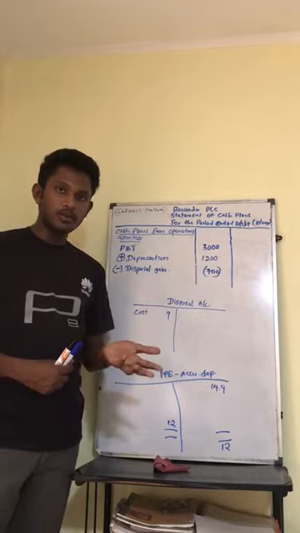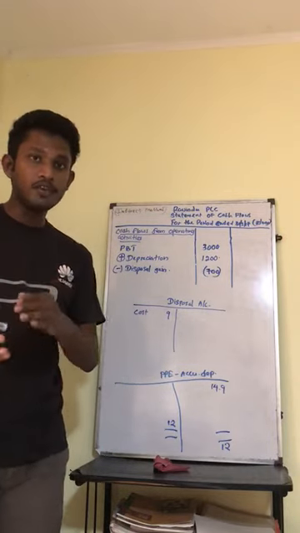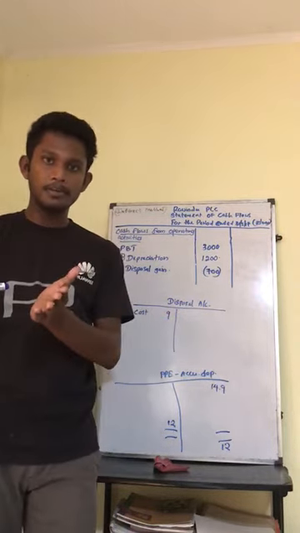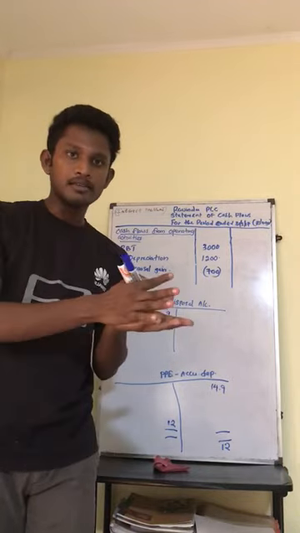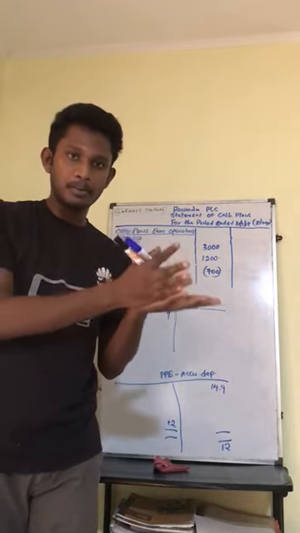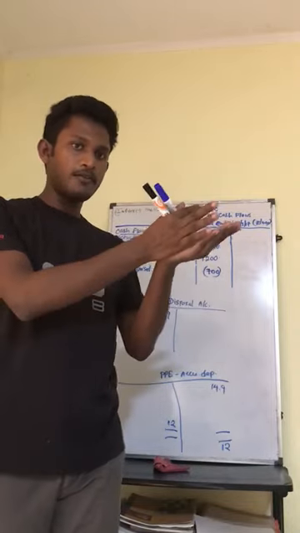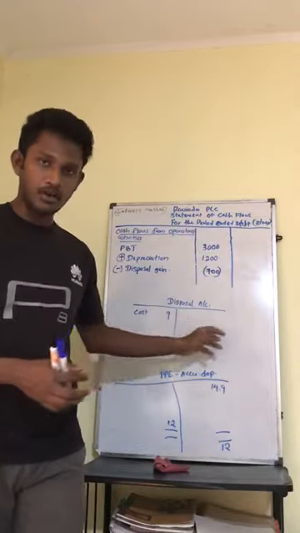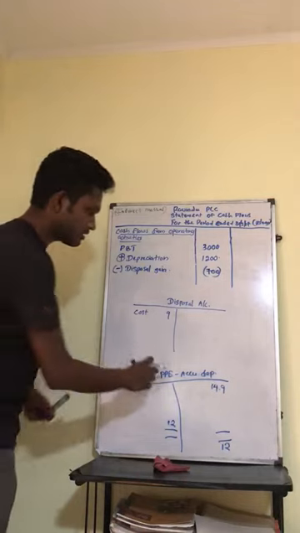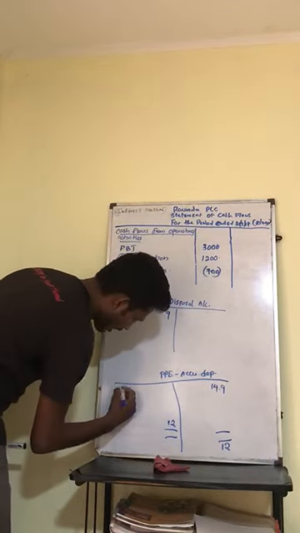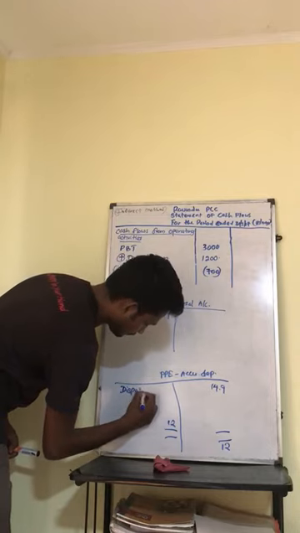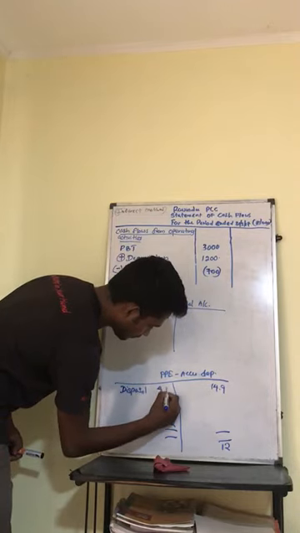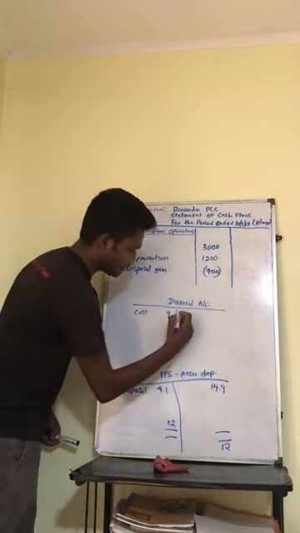How should the double entry go? Now we are removing the asset, so accumulated depreciation, which has a credit balance, should be debited at the time of removing the balance. So accumulated depreciation account debit, disposal account credit. I put the disposal account here, and it should be credited to the disposal account.